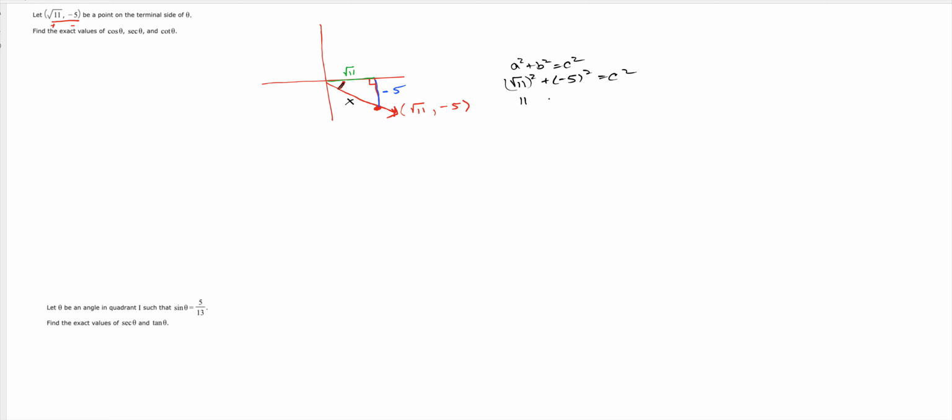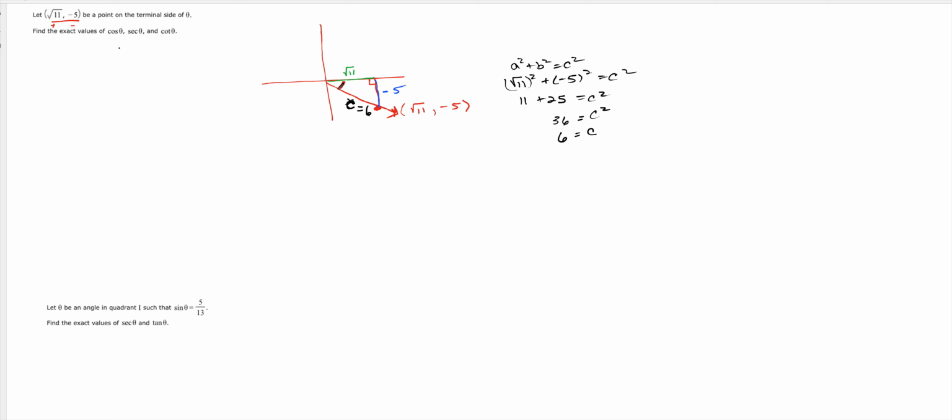So 11 plus 25 is equal to c squared. We're actually calling that x, but I guess we could just call it c, is 36. The square root of c squared is c, so the square root of 36 is 6. That tells me that this side of the triangle is 6.